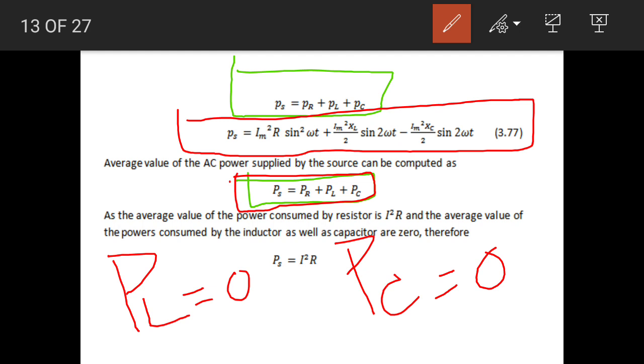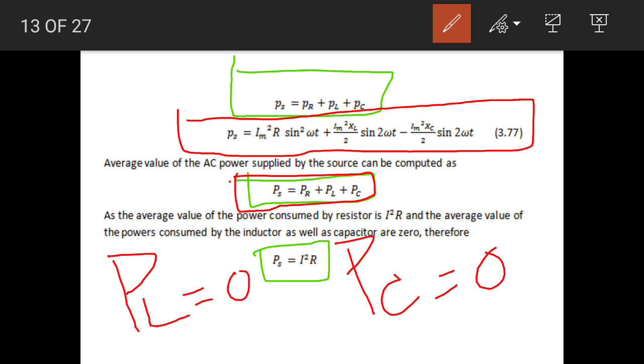So as the power taken by the inductor is 0 and the power taken by the capacitor is 0, the power which is taken by the entire circuit will be equal to I square R, or the power which is supplied by the source will be equal to I square R.